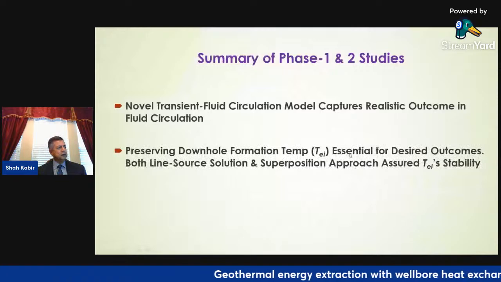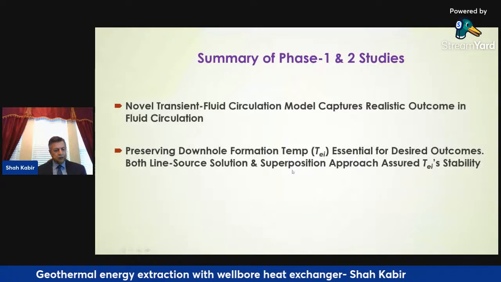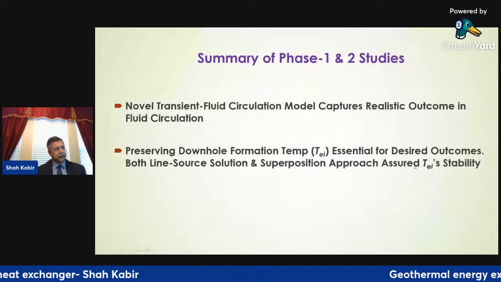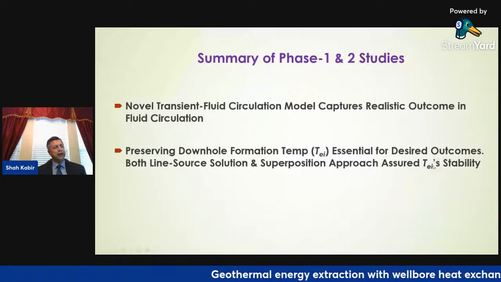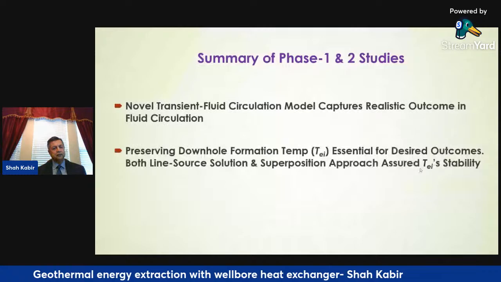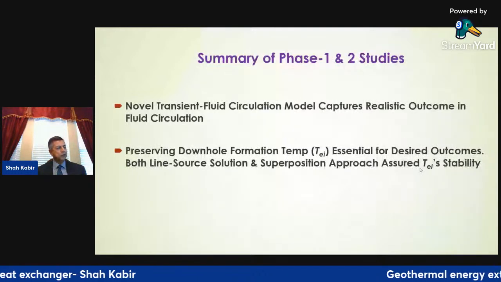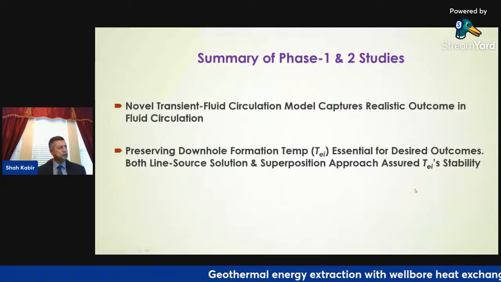And we have shown with the analytical solution that we can generate stability if we manage our circulation strategy. We cannot keep circulating fluid night and day. So I just indicated several steps for doing it.